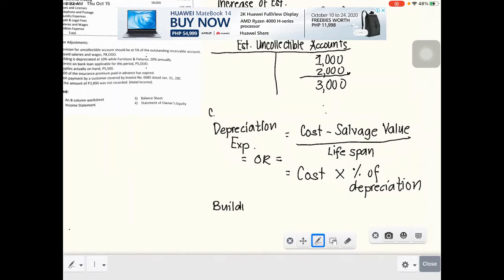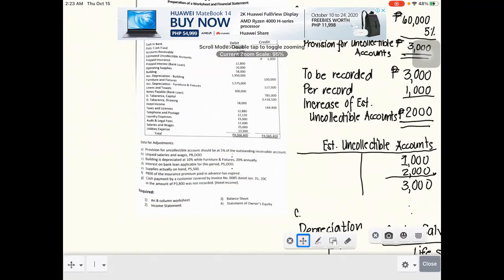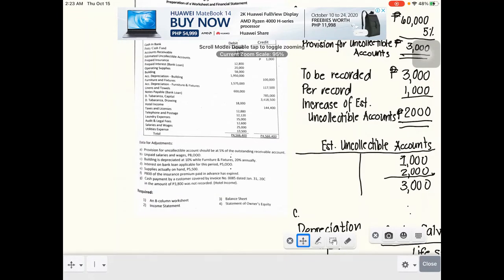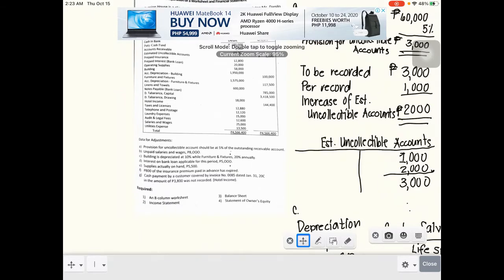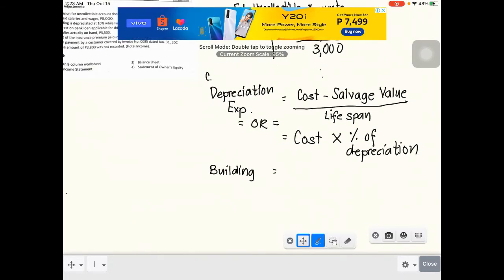So building, the cost is, how much was the cost? 1,950,000 times 10%.